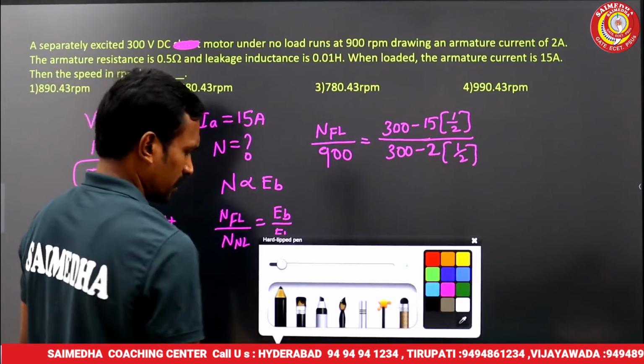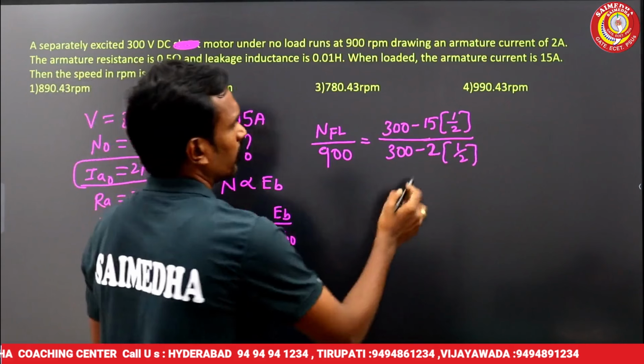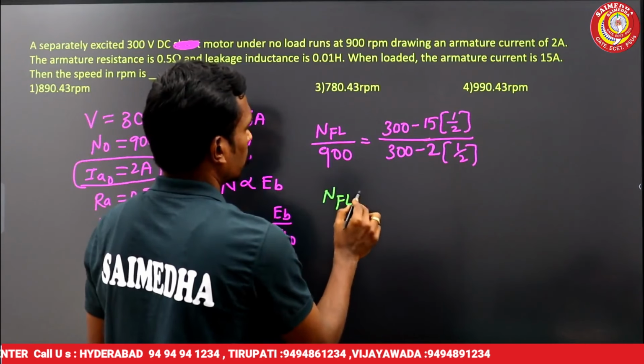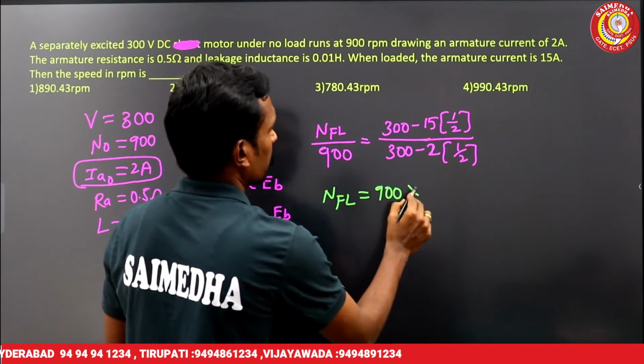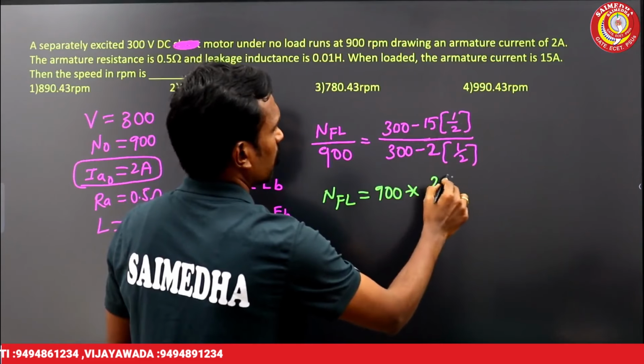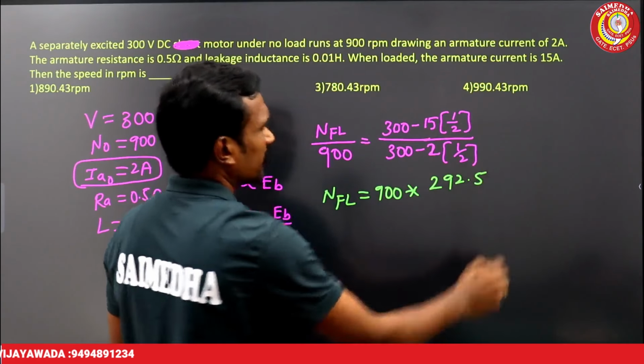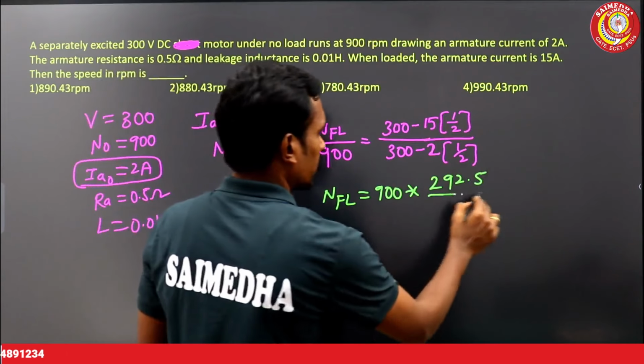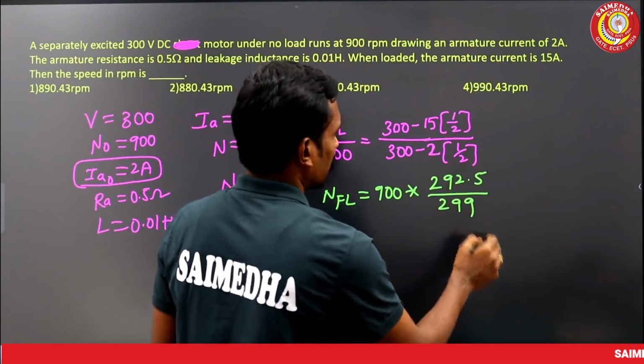Let's try to calculate. Full load speed is equal to 900 times 292.5 over 299.